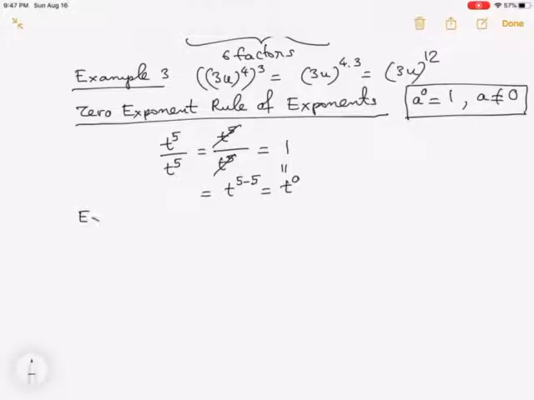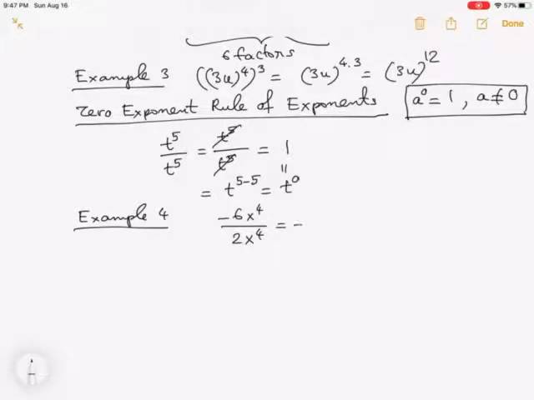Now, example 4. I take minus 6 x to the power 4 divided by 2 x to the power 4.